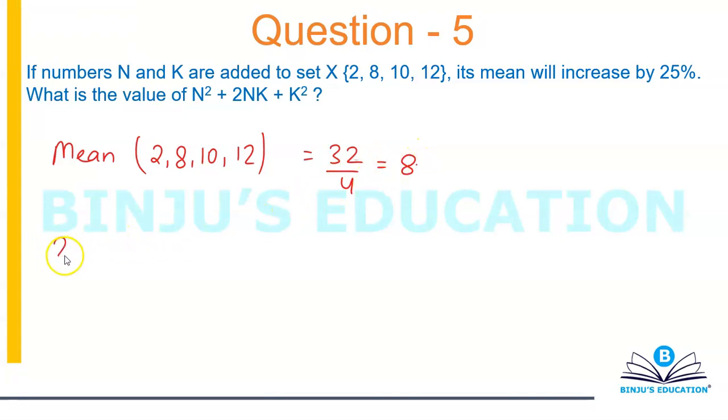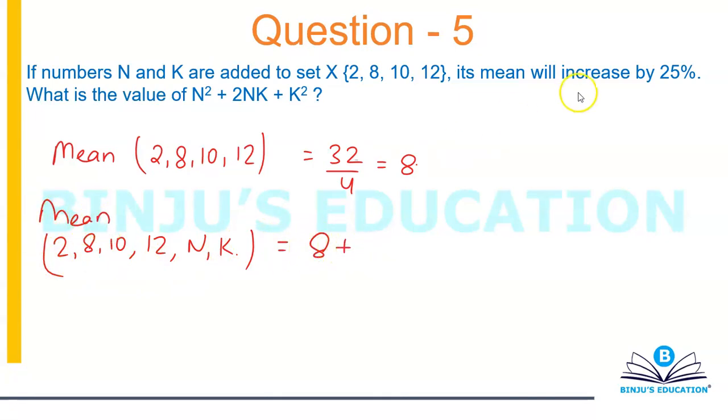So the mean of 2, 8, 10, 12, n and k, these 6 numbers, will be 8 plus an increase of 25%. 25% basically means 1/4 of something, so it's going to increase by 1/4 of 8, which is 2. So 8 plus 2 is 10.